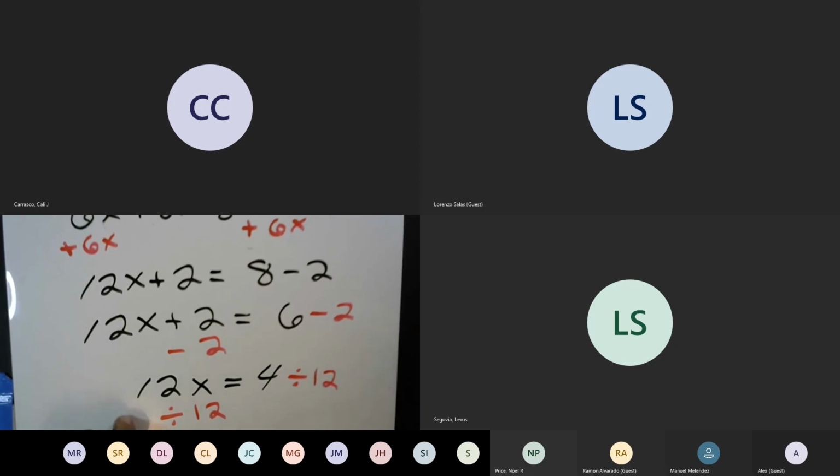Now the 12 here, they're going to cancel out. But 4 divided by 12, 12 doesn't divide into 4. So this is going to become a fraction with 4 over 12.